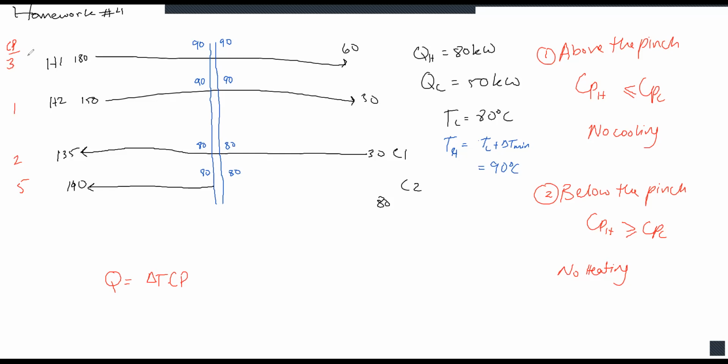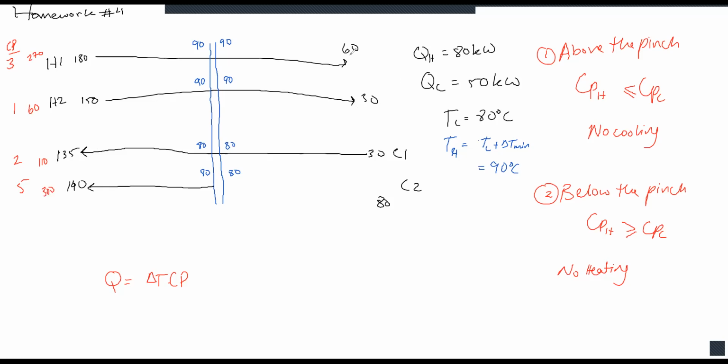So I have 270 available above the pinch. Here, 150 to 90, 60 multiplied by 1. So I have 60 available above the pinch. Same here, 135 to 80. So at 55 multiplied by 2, this is 110 kilowatts available. And 80 to 140, this is 60 multiplied by 5. This is 300 kilowatts available.